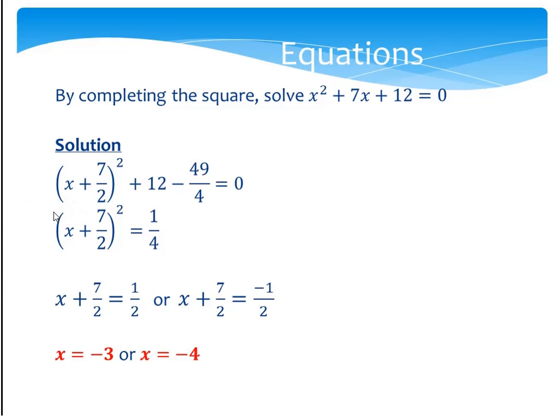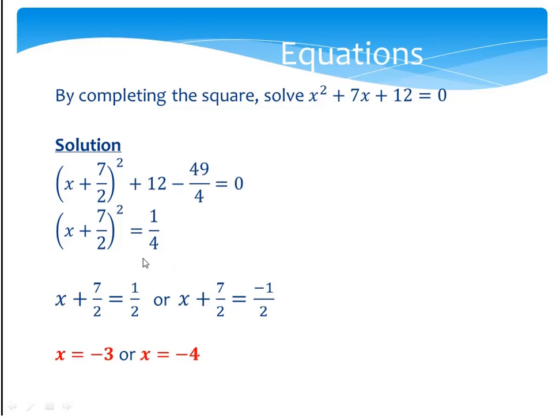If we do that, we will get (x plus 7 over 2) squared plus 12 minus 49 over 4 is equal to 0. And then we take the constant to the right hand side, and we have (x plus 7 over 2) squared is equal to 1/4.